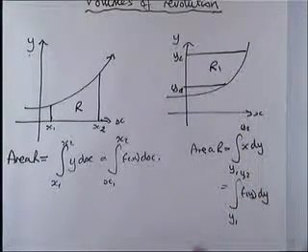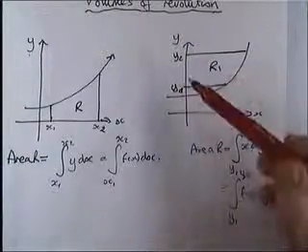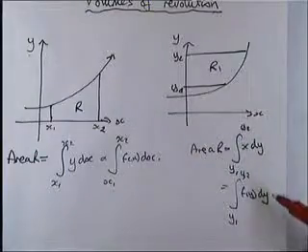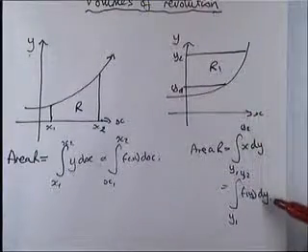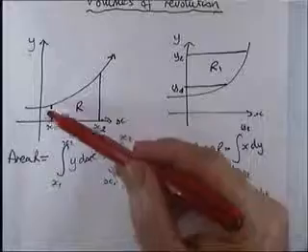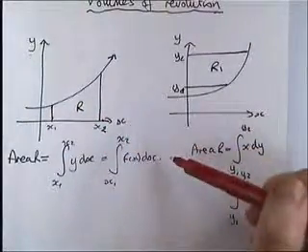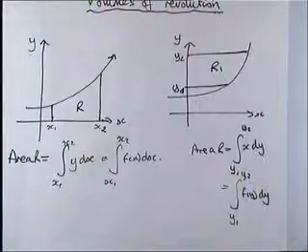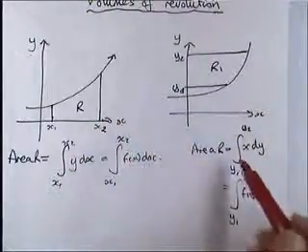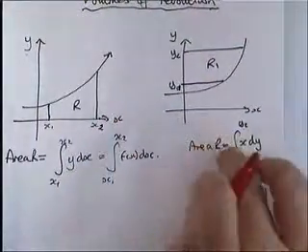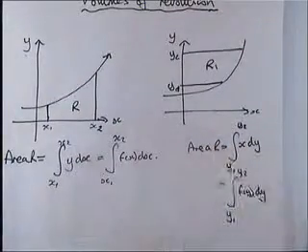So when we want to find the area bound by the curve and the y-axis, we integrate with respect to y, and when we want to find the area bound between the curve and the x-axis, we integrate with respect to x. So if we started off with some function y equals something on this one, we would have had to rearrange in terms of x.